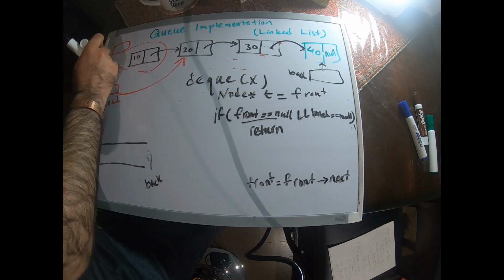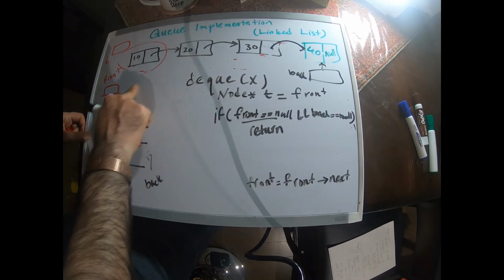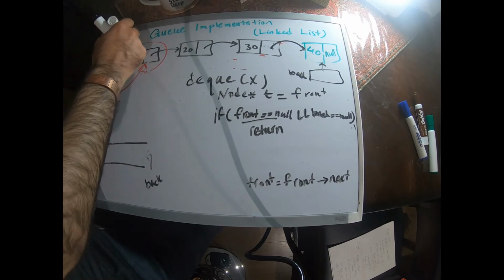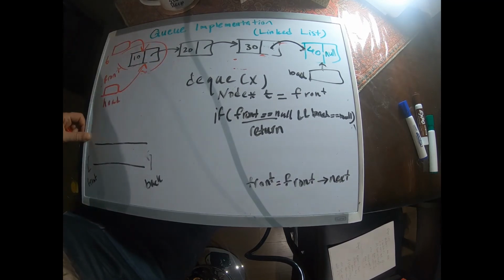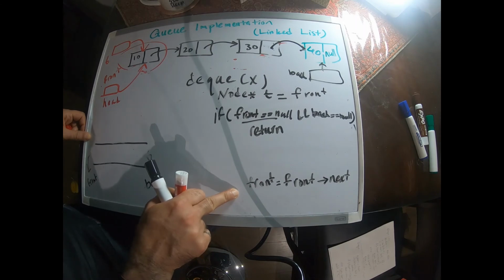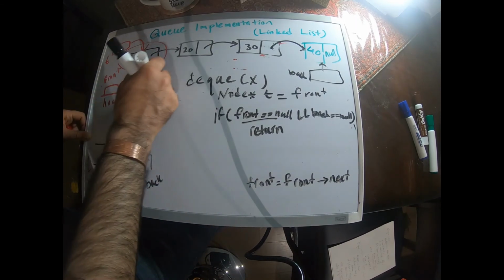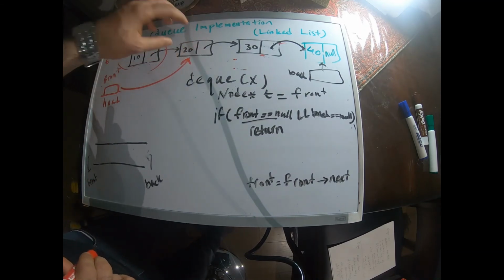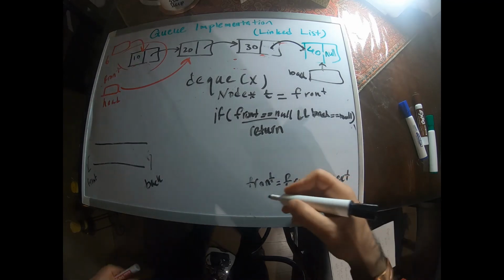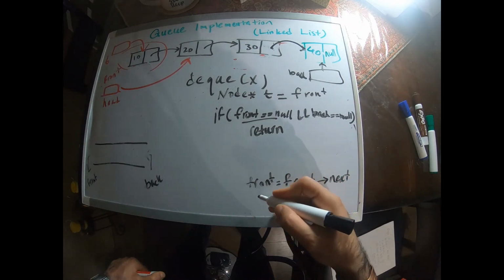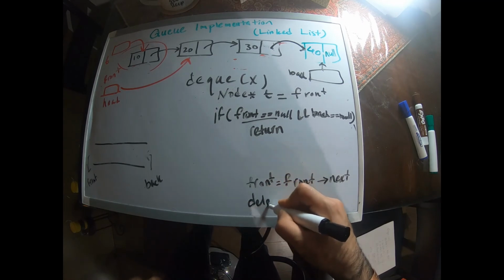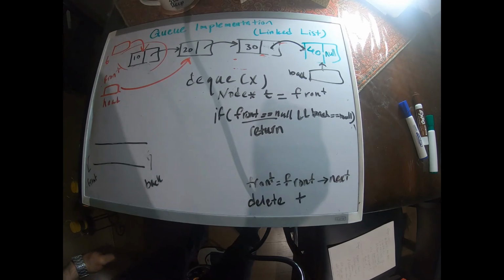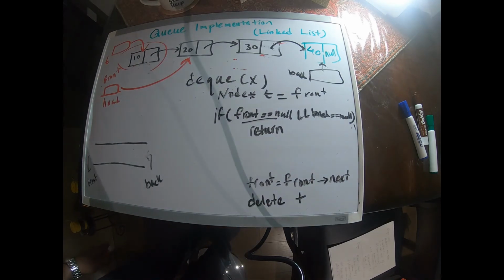Let's call this one T. If this is the front, T is also going to point to the front. Now we do this, right? So this is going to point to the new front of the queue, and now we can delete T. Okay, so that's the thing that we need to do most of the time.